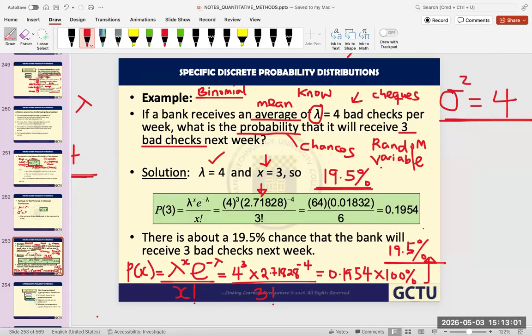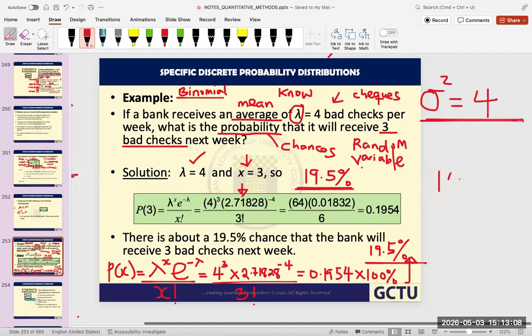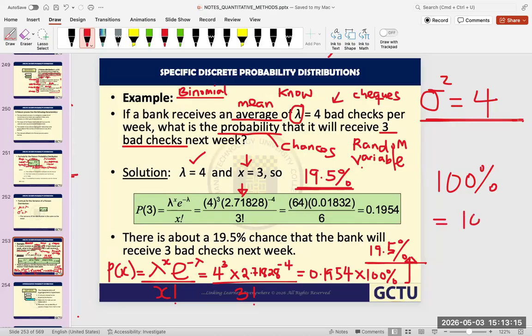And in changing the decimals to percentage, you multiply it by 100% because 100% is the same as 100 divided by 100. 100 will cancel itself. 1 divided by 1 is 1. So you haven't done anything. You come back to your decimal.